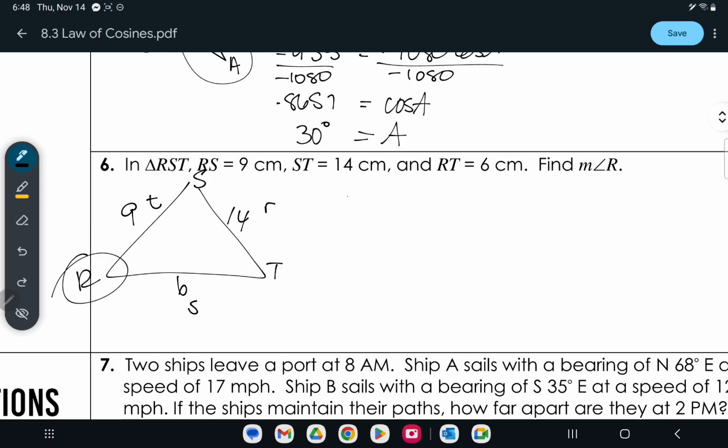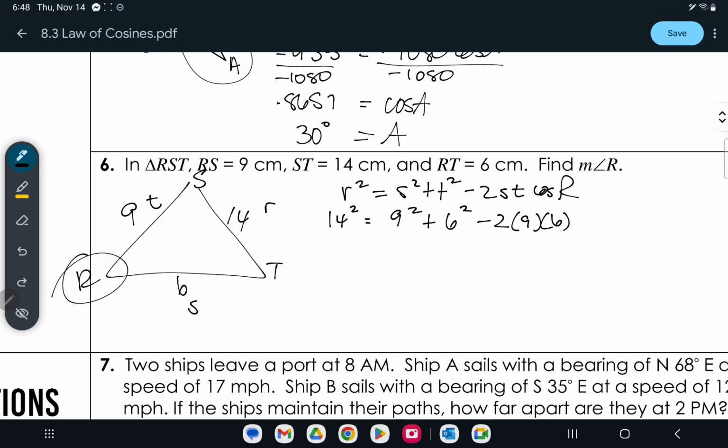So this will be r squared equals s squared plus t squared minus 2st cosine of r. So 14 squared equals 9 squared plus 6 squared minus 2 times 9 times 6 times cosine of r.